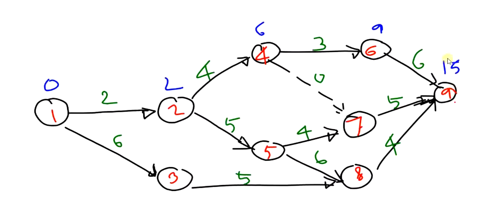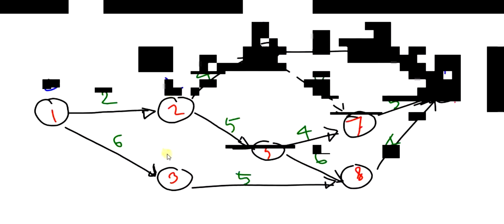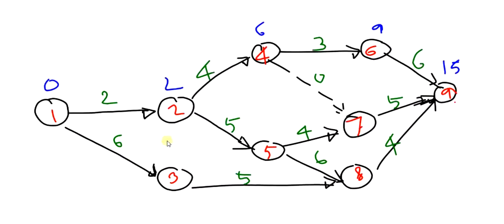Okay, so the first value we got from the 1, 2, 4, 6, 9 path is 15. Now we will be calculating the other ones. Now let us consider 1, 2, 5, 7, 9. For 5, what will be the value? It will be 2 plus 5, which gives you 7 here.